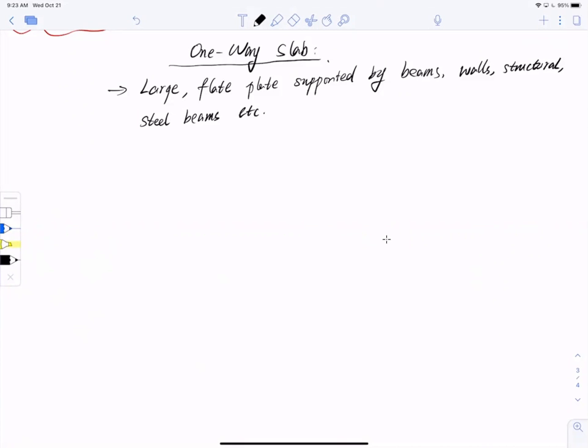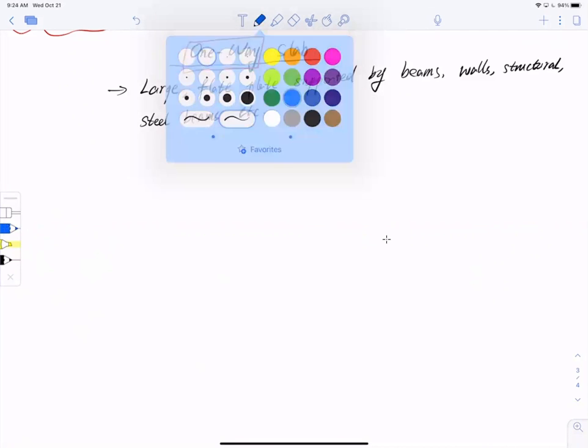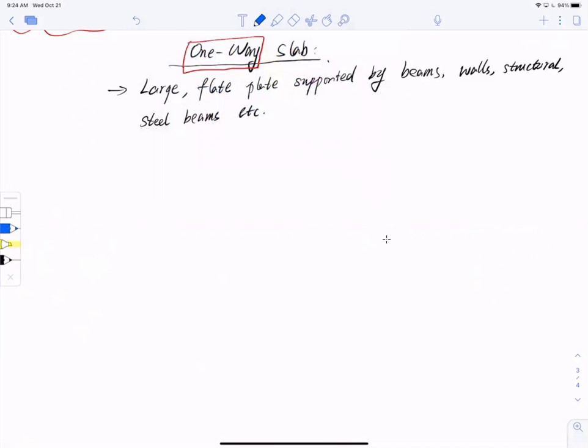Now, the key word of this thing is one way. What does it mean by one way? One-way slab is a slab that bends primarily along one direction.